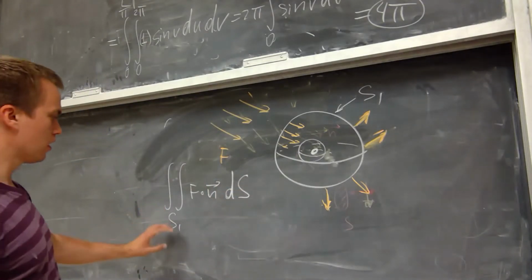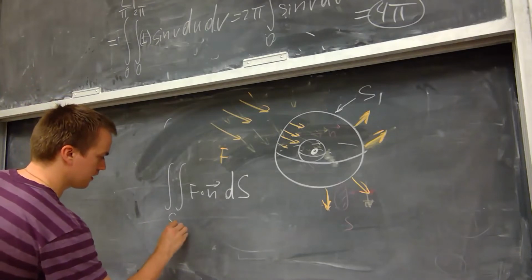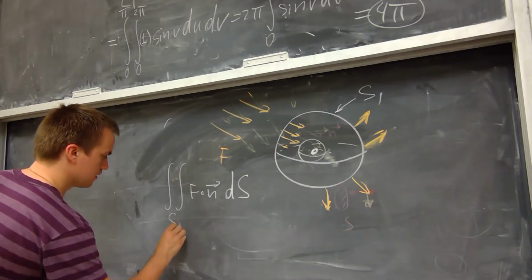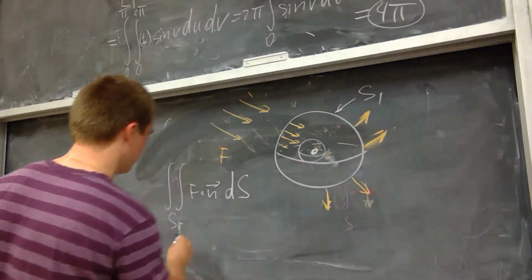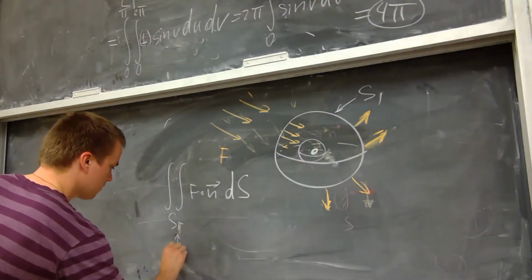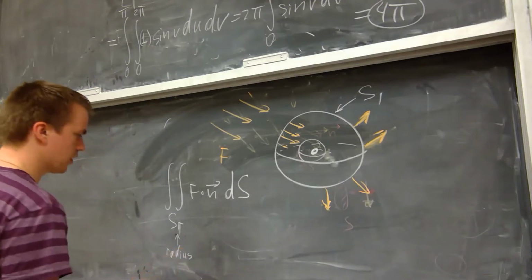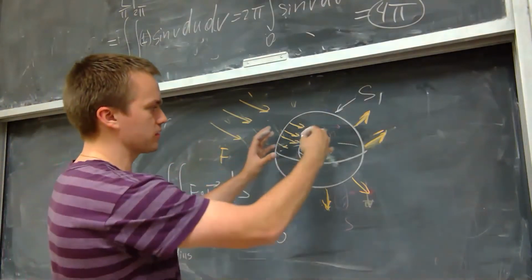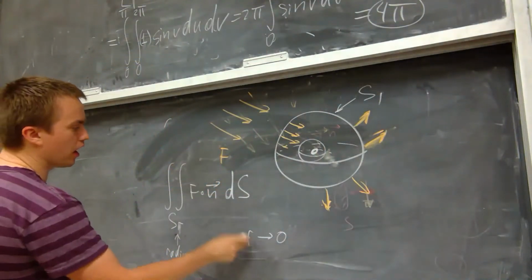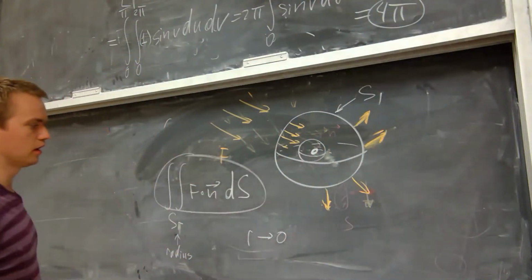So what I'm going to do is take this sphere S_R, where R is going to be the radius of my sphere. I can send R to 0, making the sphere smaller and smaller, and for every R, I can compute a separate integral.